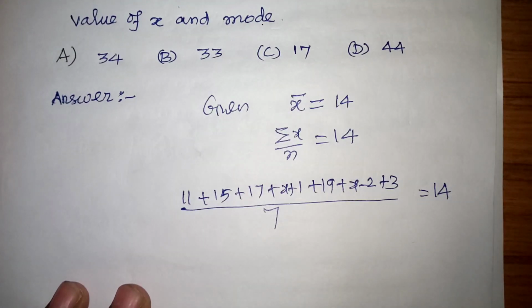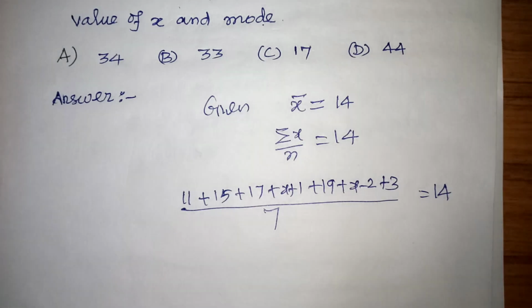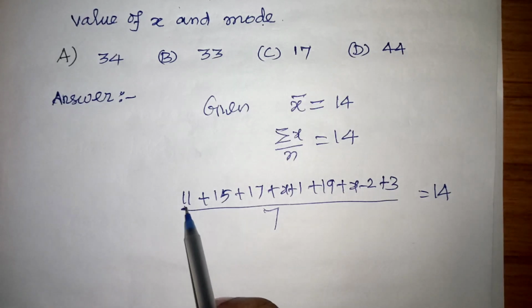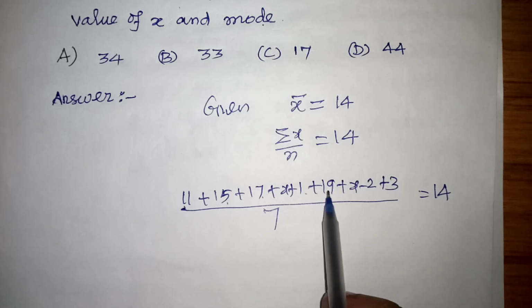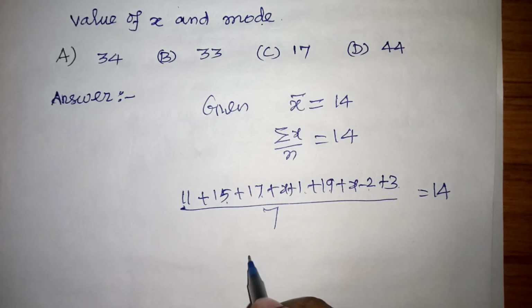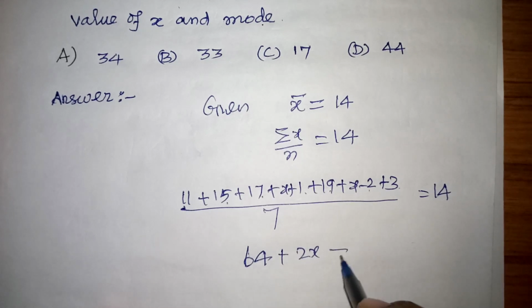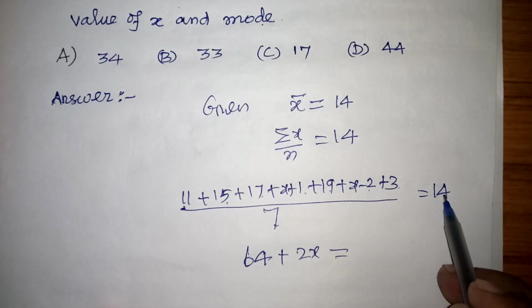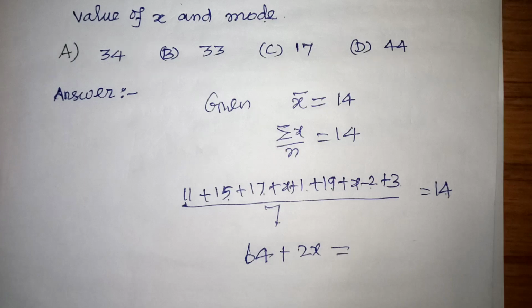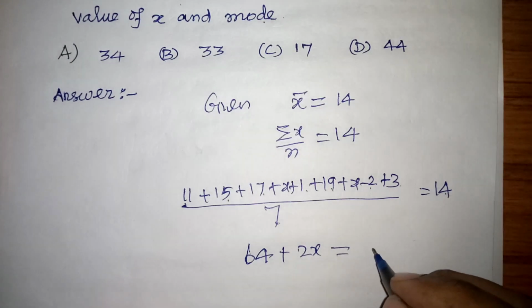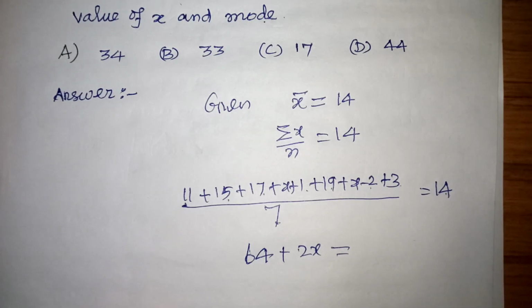Now the sum of these values: 11 plus 15 plus 17 plus 1 plus 19 minus 2 plus 3, which is 64 plus 2x. Multiply the denominator into the right-hand side: 7 into 14 is 98.